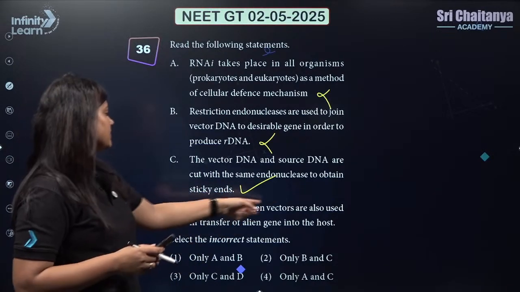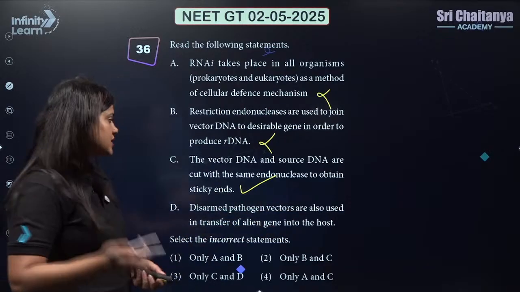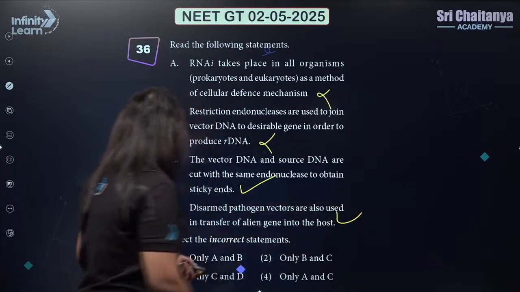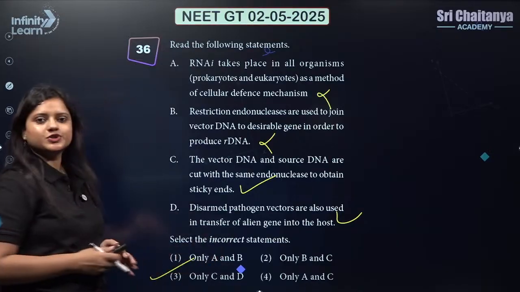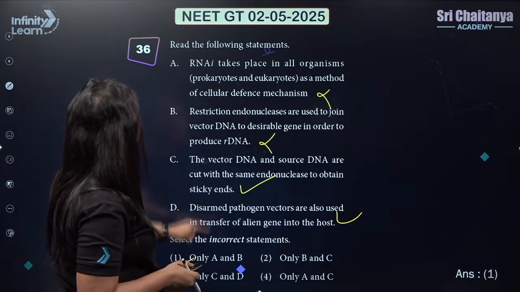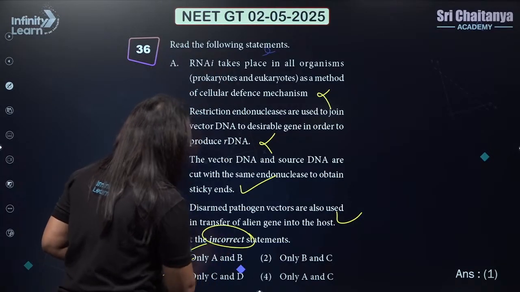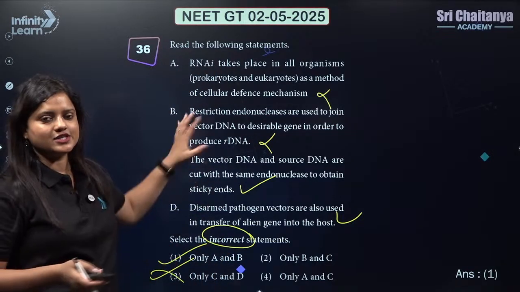Disarmed pathogen vectors are also used in transfer of alien gene into the host. Yes, so C and D are correct. Okay, the answer should be only A and B, because we are asked about the incorrect statement. So the answer will be 1, because only A and B are incorrect, the rest 2 are correct.